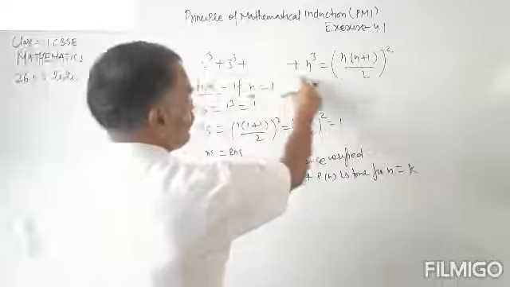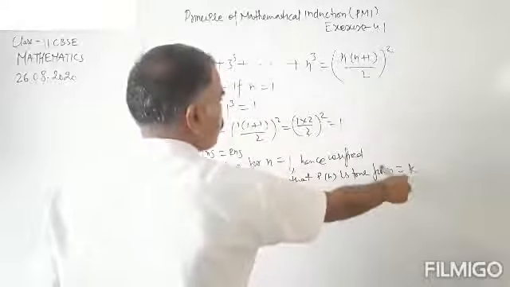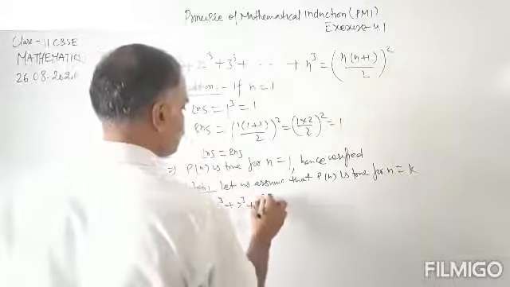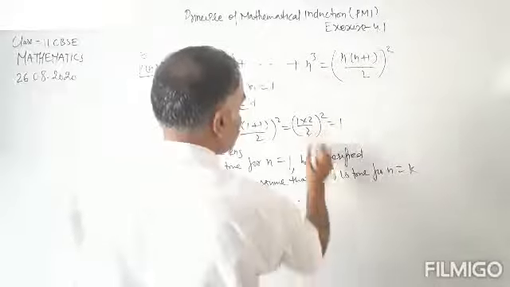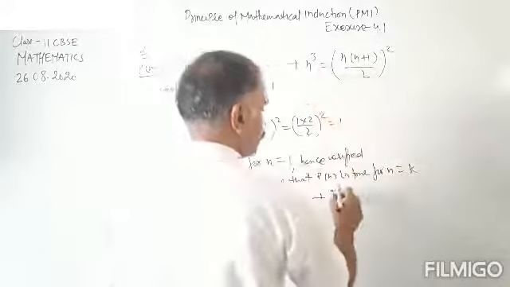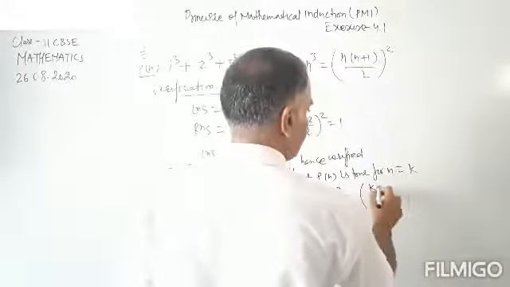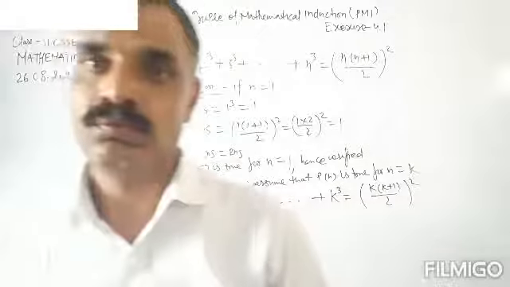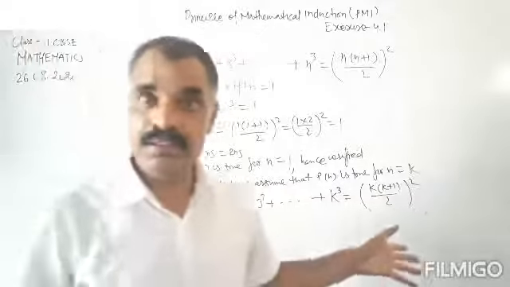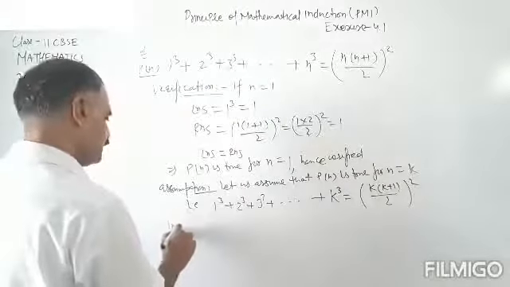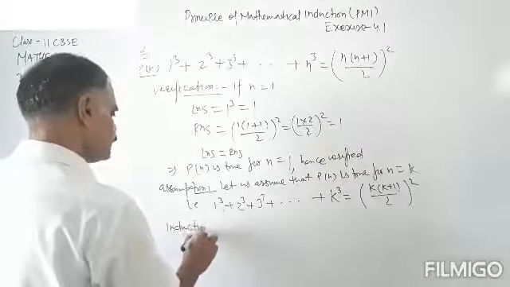So we write this statement up to n equals k: 1 cube plus 2 cube plus 3 cube, and so on, plus k cube, is equal to k into k plus 1 upon 2, whole square. This statement is true. We have assumed this.